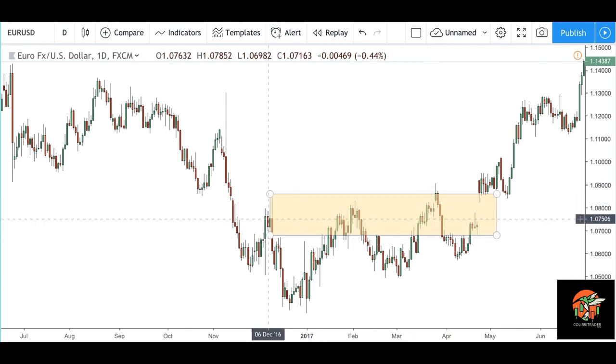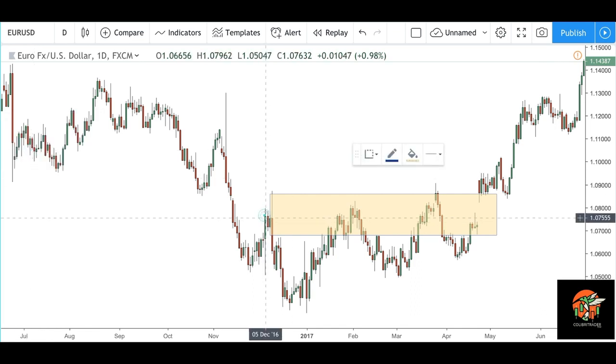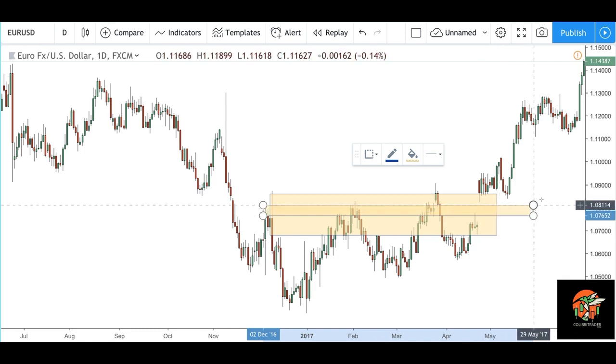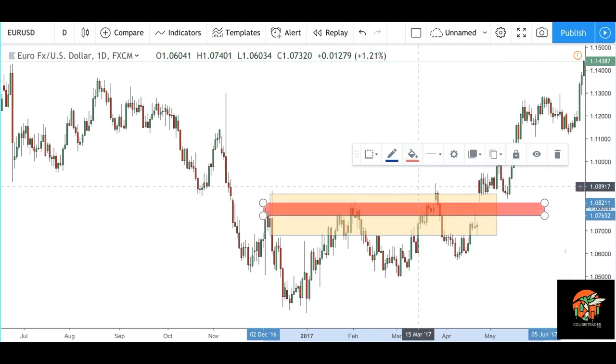You can see if you're about to project a resistance level, you most likely will go and get those highs here. Let me just change the color for you so it's easier to see.